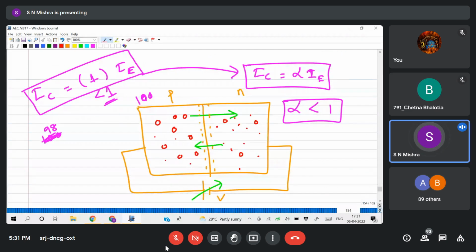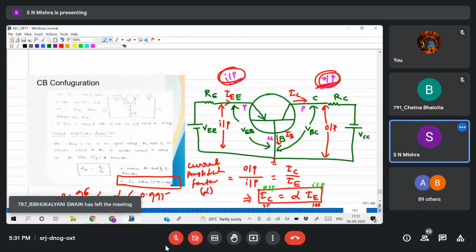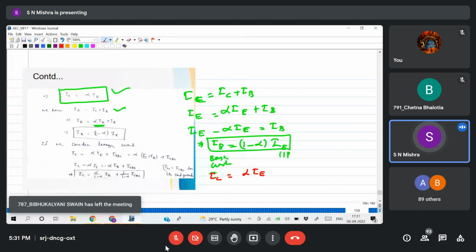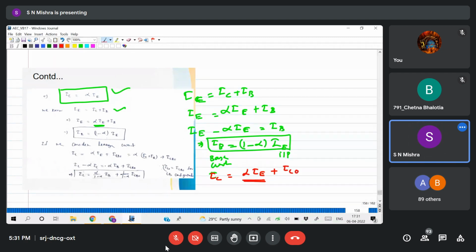So that same thing I am considering here. IC, that means the output current, is some fraction of the input current, that is alpha IE, plus the leakage current. The leakage current is ICO, that means the collector current when the emitter base is open circuited.